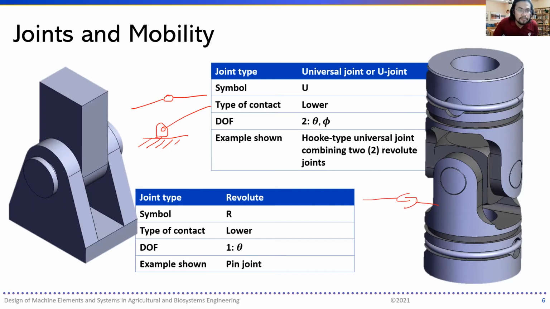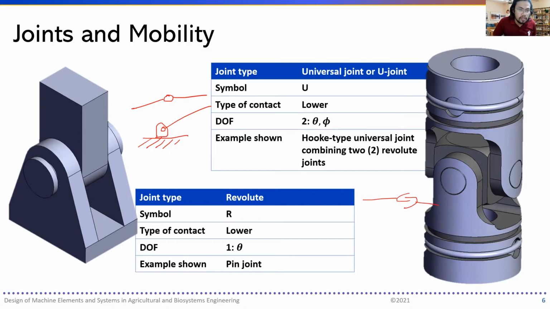Now, as the type of contact, the universal joint is a lower pair, similar to the revolute, and it has 2 degrees of freedom in terms of the theta and the phi. There's also an example shown. As shown, the example is a hook type universal joint combining 2 revolute joints.